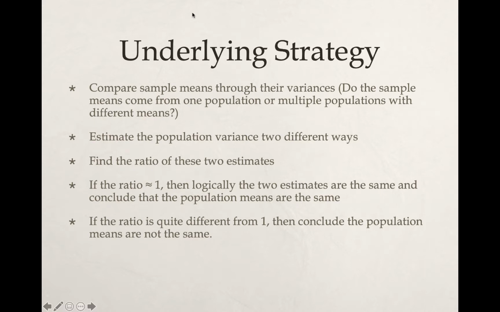However, if the ratio is quite different from 1, then we conclude the population means are not the same. It's all well and good, but here's the statistical question. What is close to 1? What constitutes close to 1, what doesn't? Is 2 close to 1? Is 1.5 close to 1?